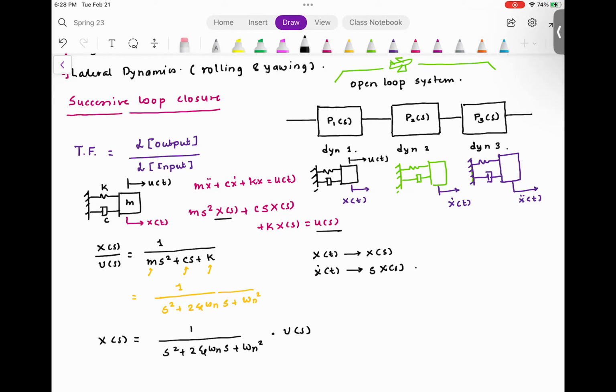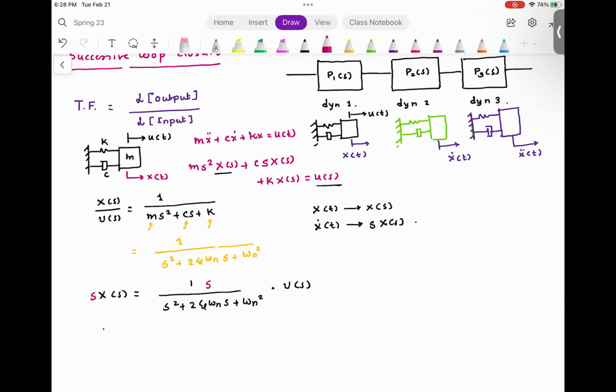Which means instead of displacement, if I want velocity, what I would do is multiply my left and right hand side by s, and all of a sudden now I have a transfer function which is velocity of s divided by U of s. The only difference is this numerator is s, over s square plus 2 zeta omega n s plus omega n square.